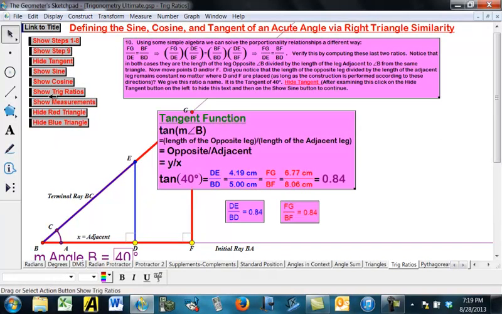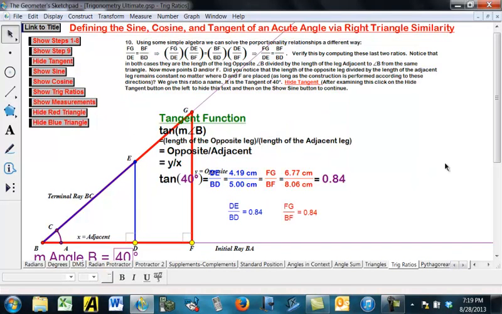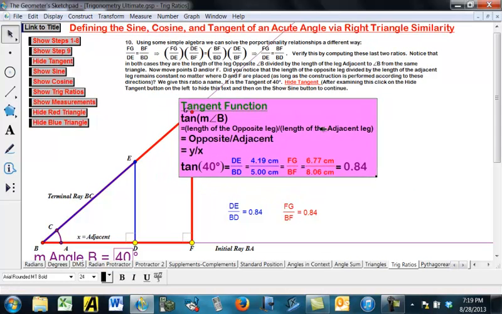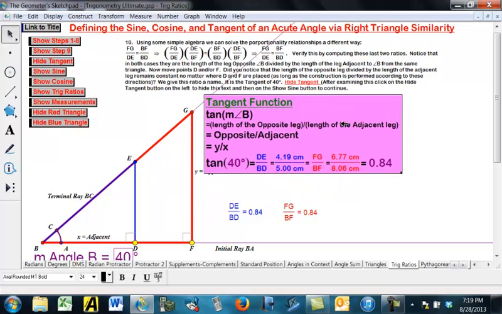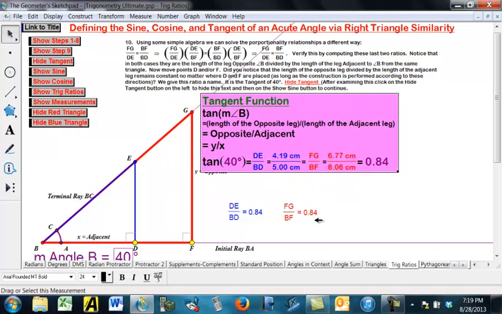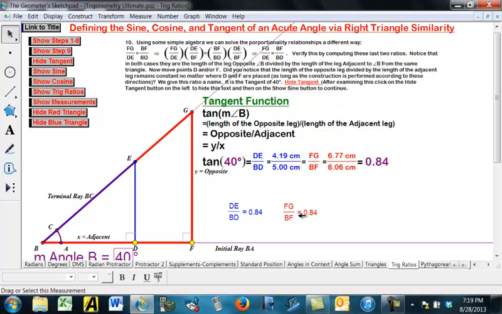Now what we're going to do is define the tangent function. So in a triangle, you have 2 legs and you have the hypotenuse. We can use that terminology for any triangle, but especially it's used for right triangles. So the longest side is the hypotenuse.